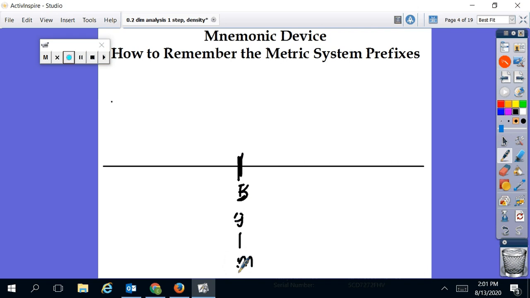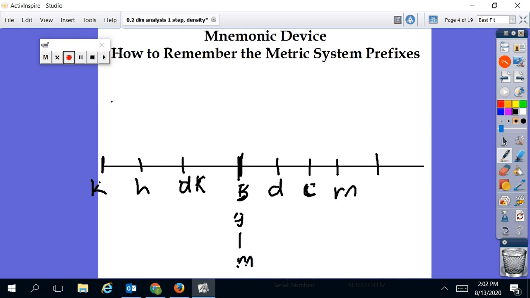Now let's think about our mnemonic. Our first prefix is K, king, which is kilo. King Henry, hecta. Died, deca. By, base unit. Drinking, deci. Chocolate, centi. Milk, milli.